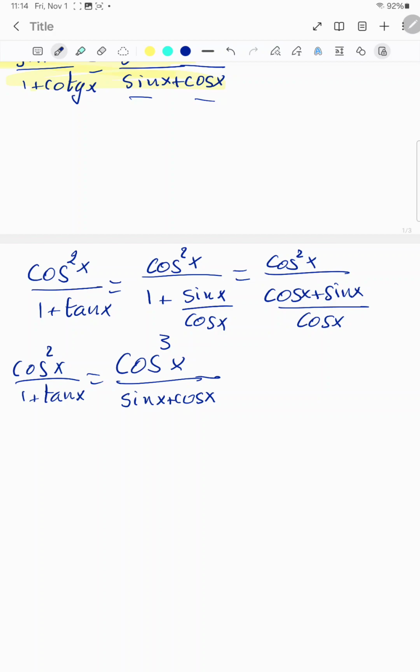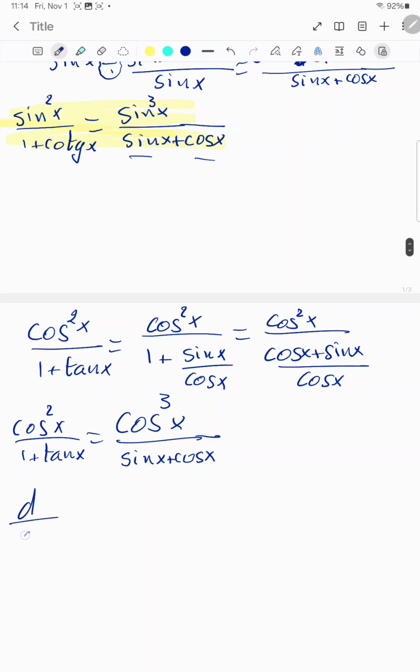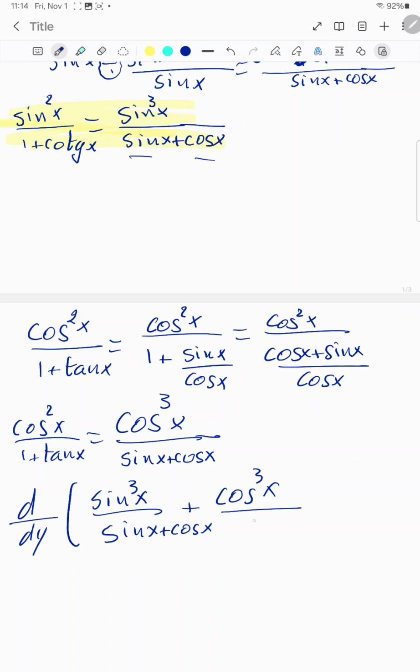So my original function becomes, I have to prove that the derivative dy over dx of sine to the power of 3x divided by sine of x plus cosine of x plus cosine to the power of 3x divided by sine of x plus cosine of x is equal to minus cosine of 2x. Let's put it this way, because 2 plus 3 is equal to 3 plus 2, so I'm not changing anything.